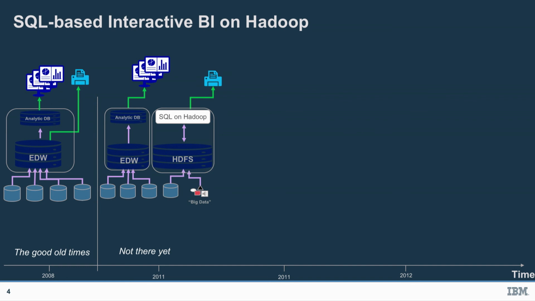And since the SQL on Hadoop engines have JDBC drivers, it didn't take long for people to try connecting BI tools like Cognos or Tableau to the SQL on Hadoop engine. Of course, the result was disappointment. The statements were too slow.